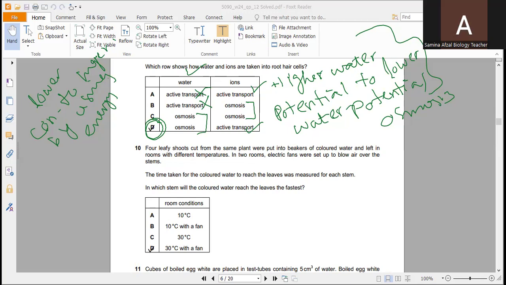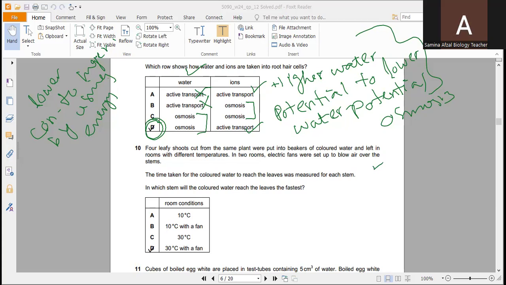In which stem will the colored water reach the leaves the fastest? Room conditions 10 degrees centigrade: you can see low temperature will result in low transpiration. The process of transpiration is taking place in this question, so we have to discuss that.